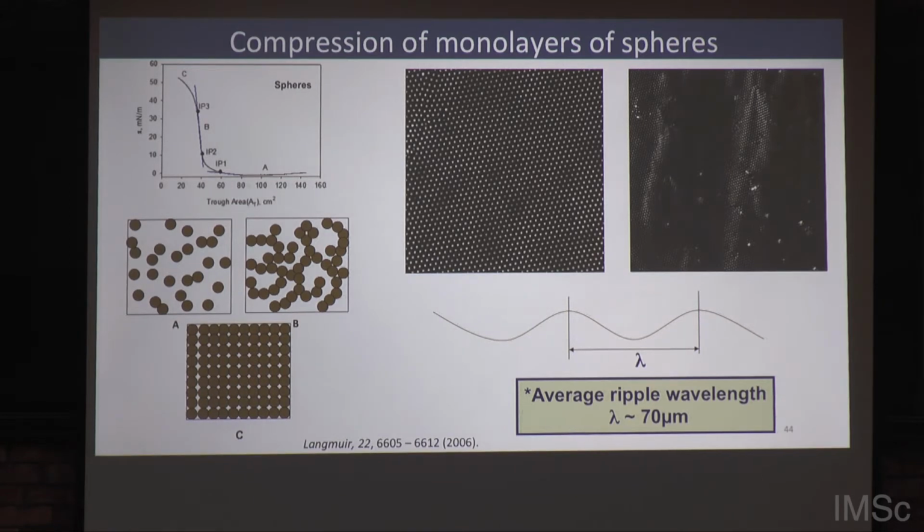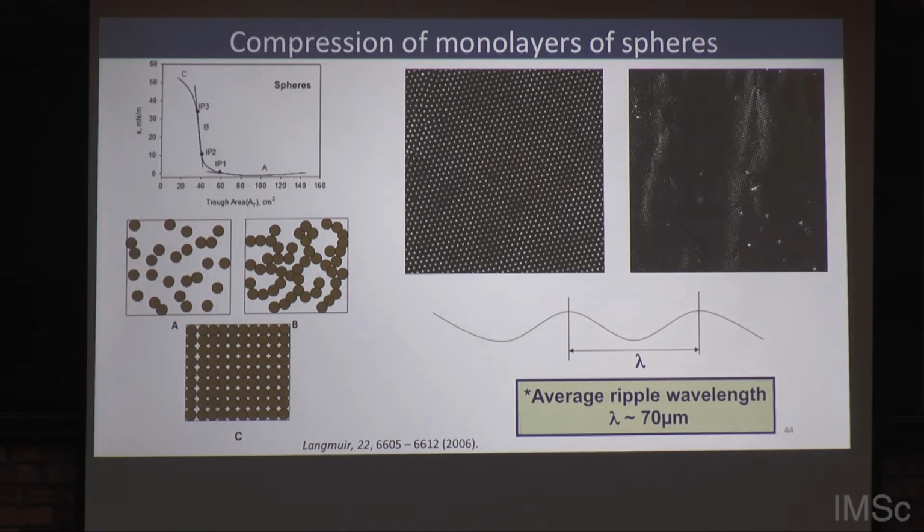Now, these experiments are done with particles that are uncharged. If I were to do these experiments with particles that are charged, the moment I release these barriers, everything will go back to the 2D crystalline state.